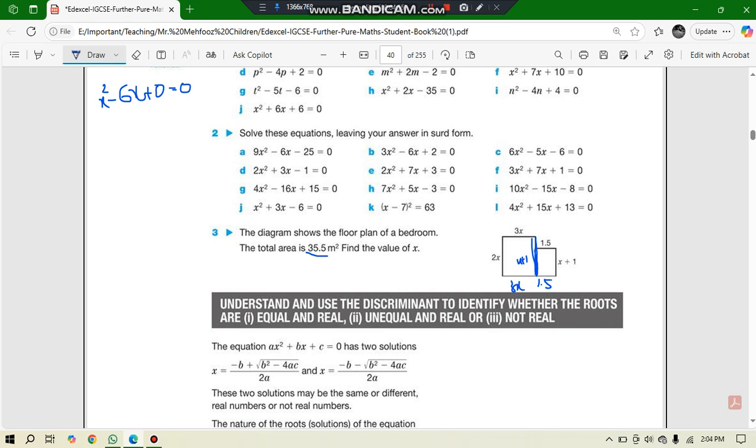we find the smaller rectangle area, and then we find the larger rectangle area, and then we add these two areas, and the total area will be equal to 35.5. And what is the area of the smaller rectangle?